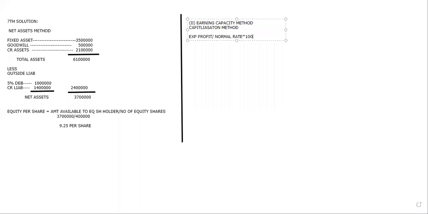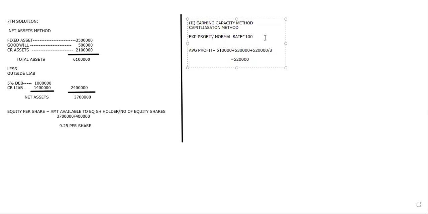For this, I need a profit. First I need an average profit, because he gave the expected profit and average profit. He gave all 3 years, no? 5 lakhs 10,000 plus 5 lakhs 30,000 plus 5 lakhs 20,000 divided by 3. How much? 5 lakhs 20,000.